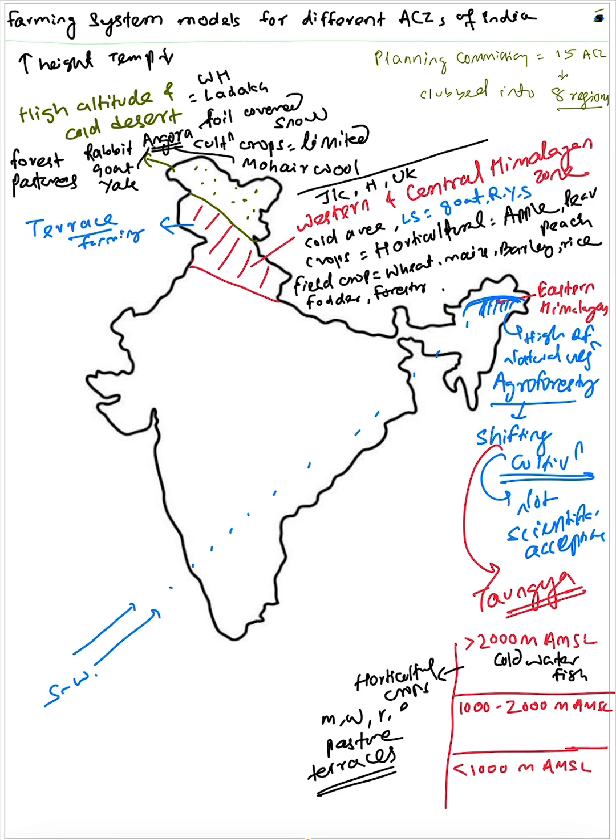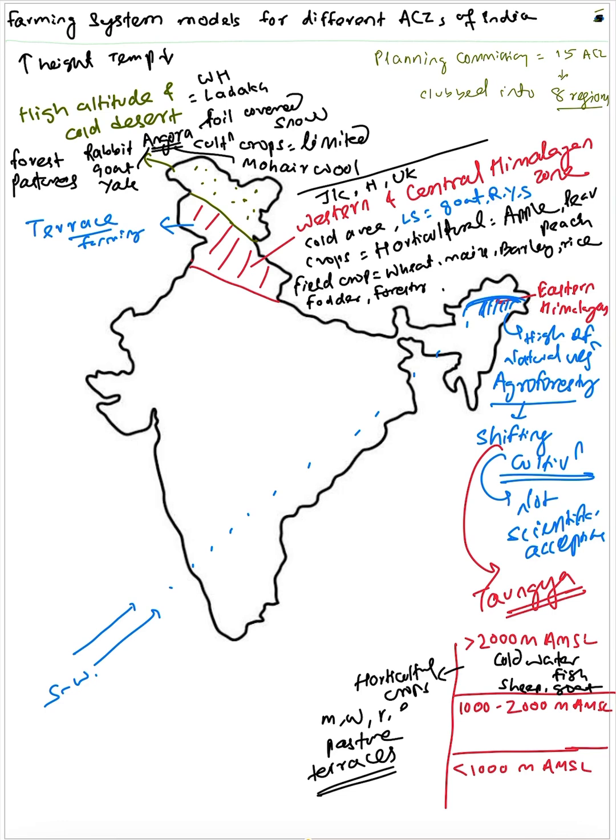We can go for terrace farming over the high altitude regions. With respect to livestock, majorly you are going for cold water fishes, and in some cases sheep or goat, because of the adverse conditions.